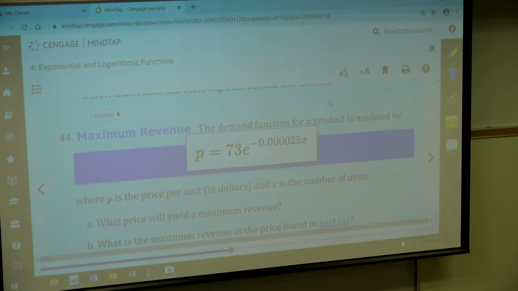You have 73 divided by 0.0018, and what is that? Well, what's the big number? 40,555, is that right? Yeah, sounds right.